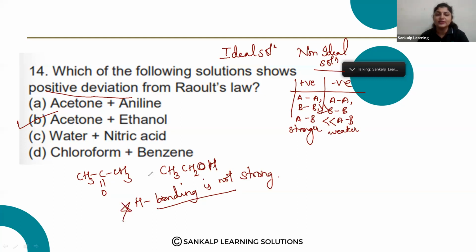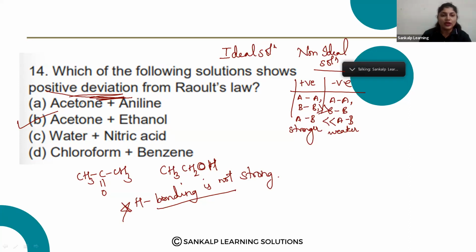Because of this, the acetone-ethanol interaction is weaker. So acetone and ethanol show a positive deviation, because in this case the solute-solute and solvent-solvent interaction is more as compared to the solute-solvent interaction.